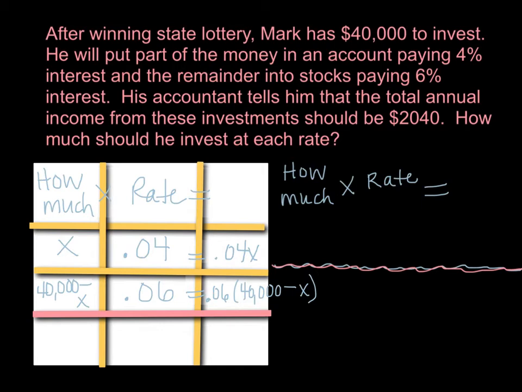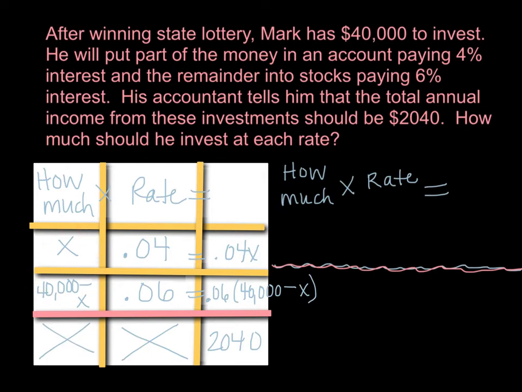Well, it says right here that he wants interest of $2,040. This is what he wants. This is his end-all be-all. This is what he wants to get out of this. Now he wants $2,040, but it doesn't matter what interest rate that's at. He's going to get it from these guys. It doesn't matter how much. He's going to get that from these guys.